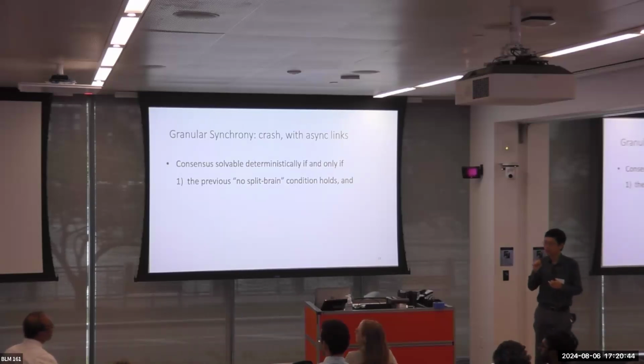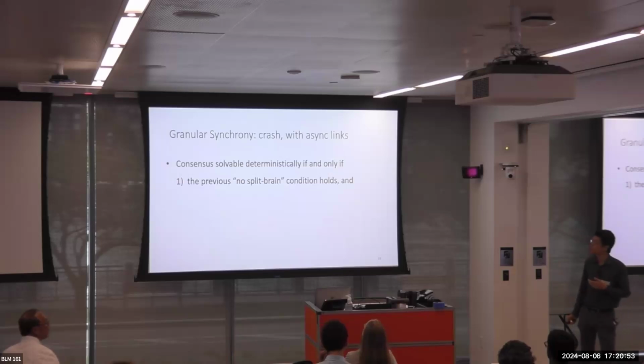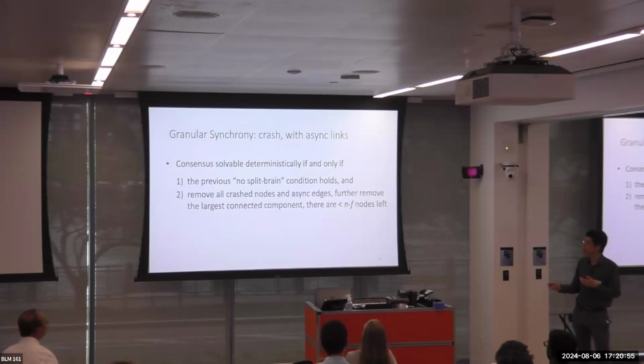Okay. How much time do I have? Okay. So I'll very quickly mention what happens after we add back asynchronous links. Now we will have two conditions. The previous condition is still required, and then we have a new condition. That's not our focus, but it's an interesting byproduct of our work.